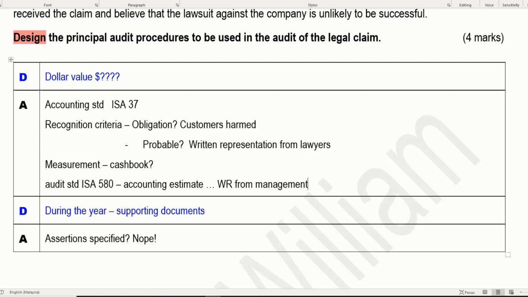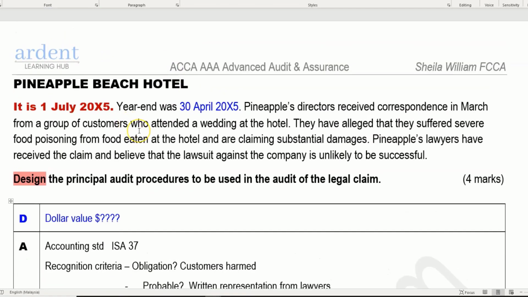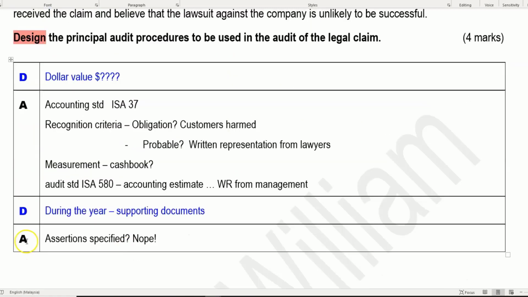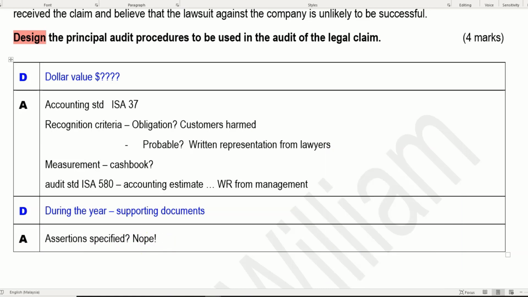All right, so we have sort of got our framework. We have used DADA to see what kind of information from the scenario is important. The last one here, it says assertions. Have they been specified? The answer to that is no, which means that we can use any assertion that we want to. If this is a provision, it will be an account balance.